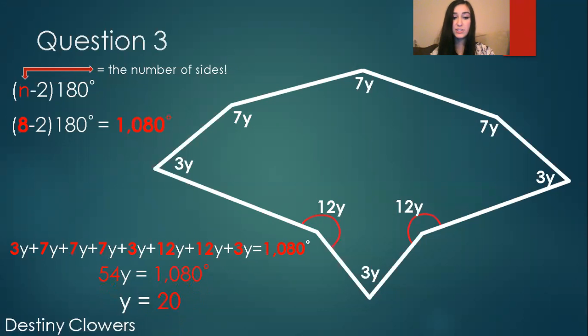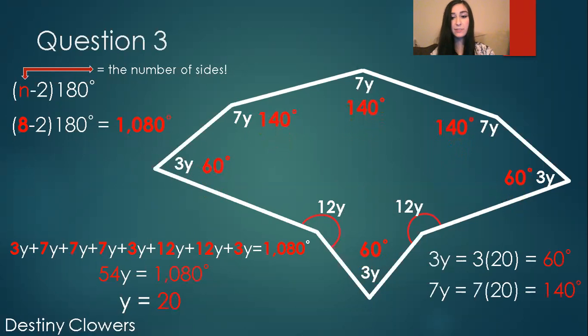So now we're going to just substitute 20 for every y value that we see within our polygon. So when we do this, we get 3y, which equals 3 times 20, and that equals 60 degrees. So notice how every 3y equals 60 degrees. Next, 7y, which equals 7 times 20, equals 140 degrees.